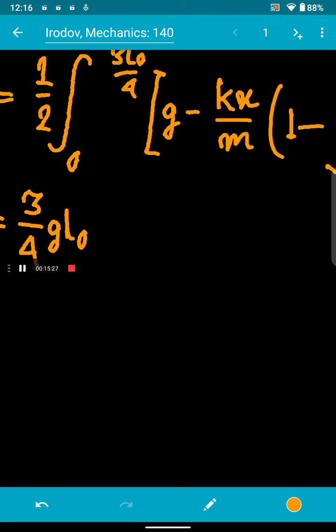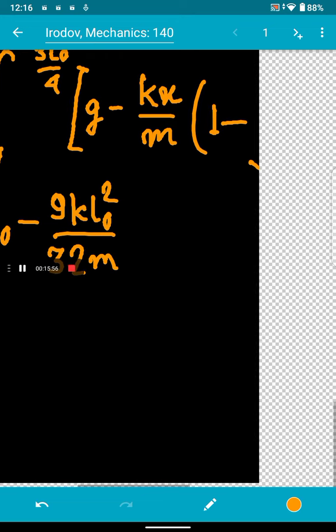And after that, kx by m, so we have the integration of x dx, which is x square by 2, so it will be 9L0 square by 16, but there is a 2 factor, so it will be 9L0 square by 32, and there is k by m, so 9KL0 square divided by 32m, that will be the second.